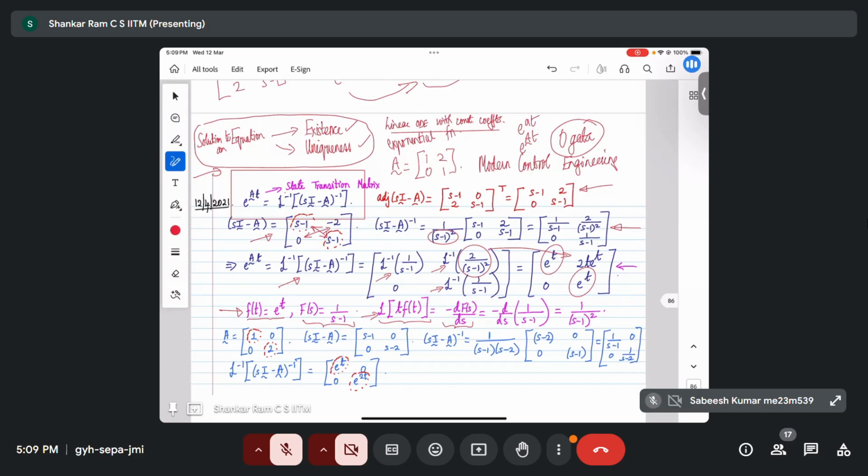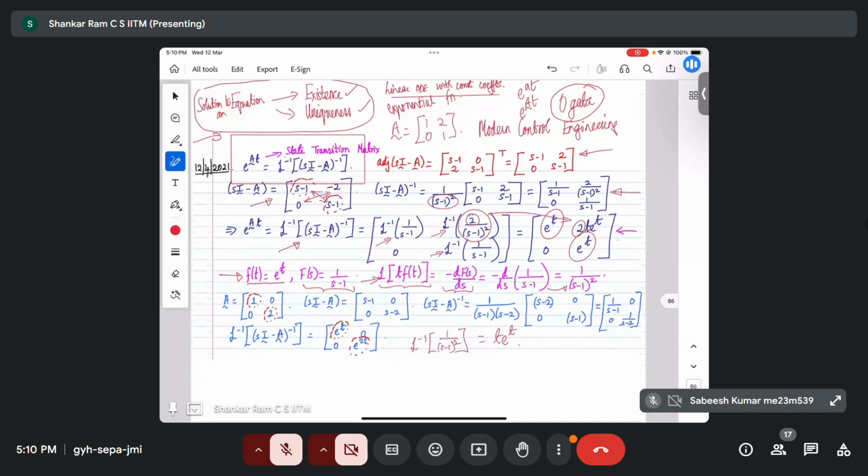So if we do minus d by ds of 1 by s minus 1, differentiating gives 1 by s minus 1 whole square. Consequently, the Laplace inverse of 1 by s minus 1 whole square is t times e power t. We had the factor 2 here, so it remains as it is, and the off diagonal term becomes 2t e power t.